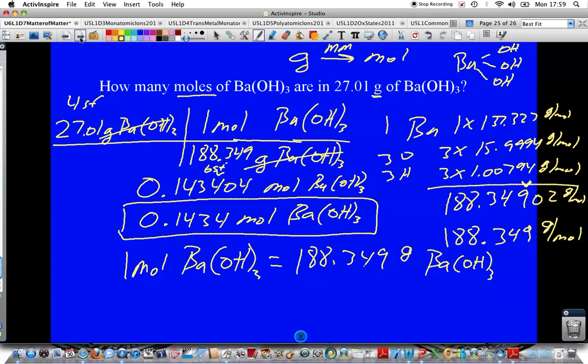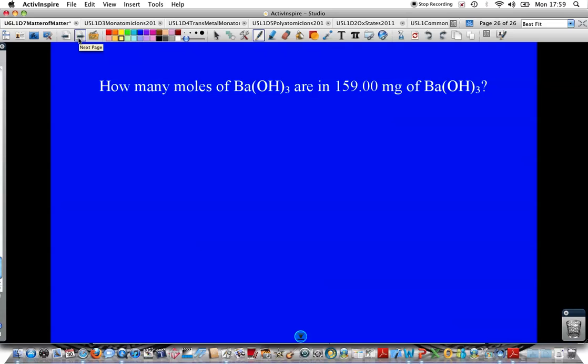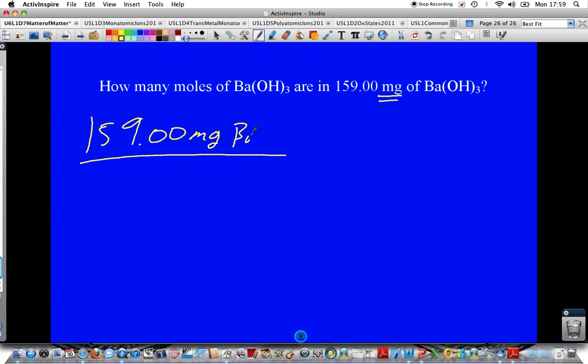Now a slight variation on the problem: what if they don't give us grams? What if they give us some other mass unit, like milligrams, or pounds, or kilograms? Any other unit that they give us, we have to convert to grams first. This is basically the same compound, so we do the same thing. We start off with the number that we're given. The only difference is that before I can do my conversion with the molar mass, I have to convert it to grams.